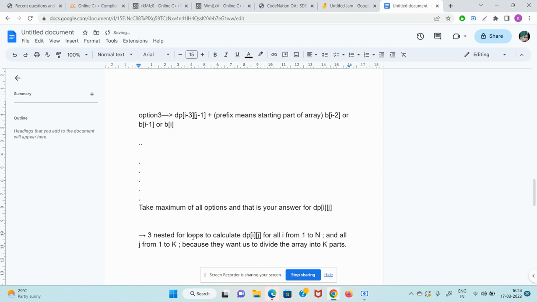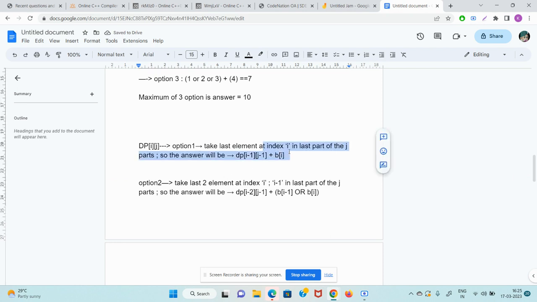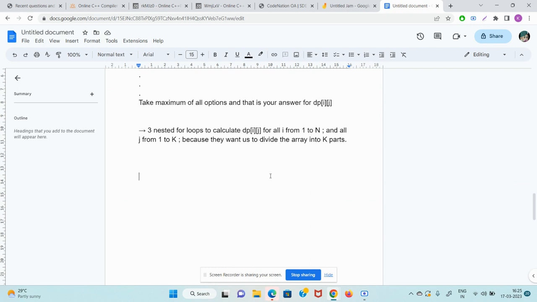So two loops will be taken for this only, 1 to n and 1 to k. The third loop will be needed for calculating these options. First option, second option. There can be n options. So n into n into n. One for loop will be of i going from 1 to n. One for loop will be of j going from 1 to k, or you can say 2 to k.